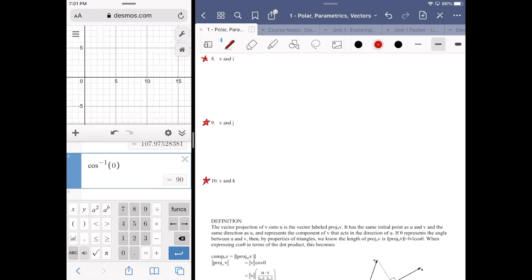Or I like this one too: two people carrying a couch up a flight of stairs. For all you Marvel fans, you have Tony Stark and Rhodey trying to pick up Thor's hammer in Age of Ultron. All of those are cases where you have two forces acting upon an object.